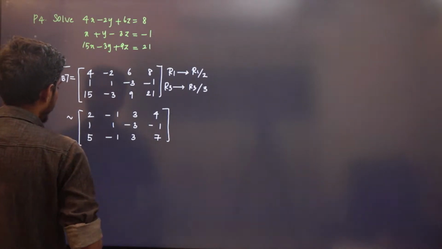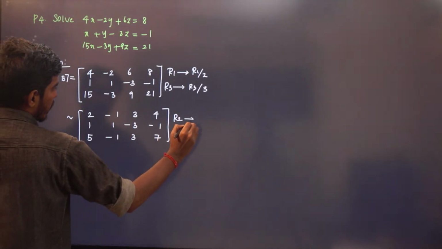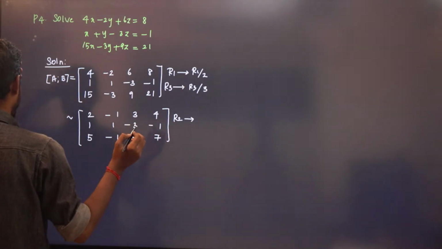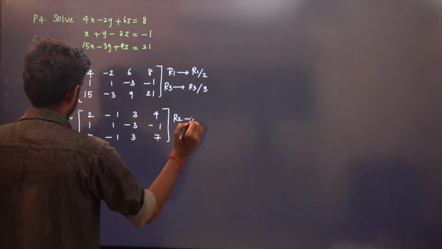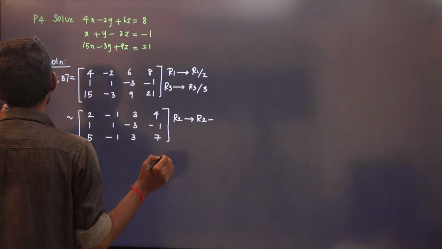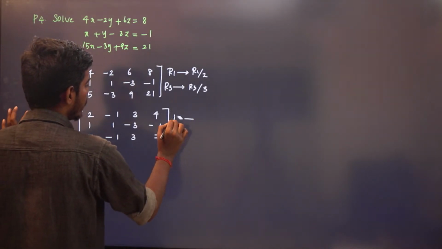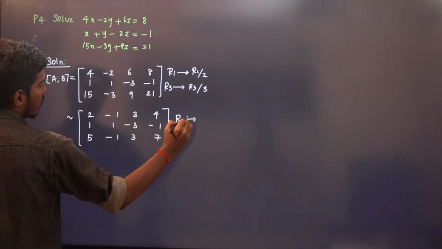Now reduce to row echelon form. See, if you have 1 here, it will be easy for you to calculate, right? Okay, let us interchange R1 and R2.